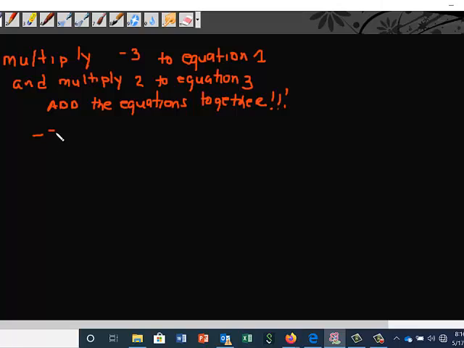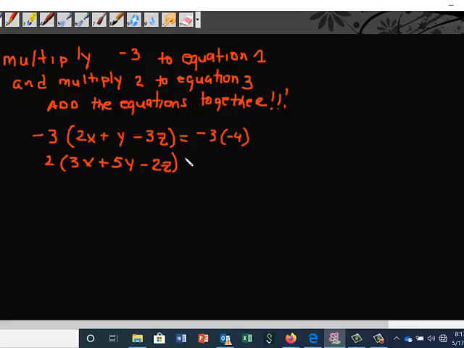So we have -3 times 2x plus y minus 3z is equal to -3 times -4. Then we have 2 times 3x plus 5y minus 2z, which equals 2 times 5.